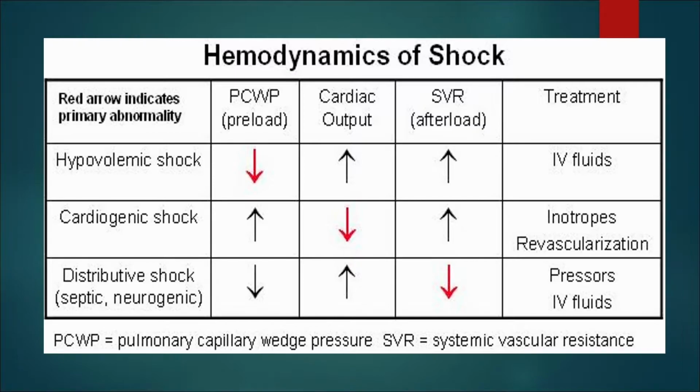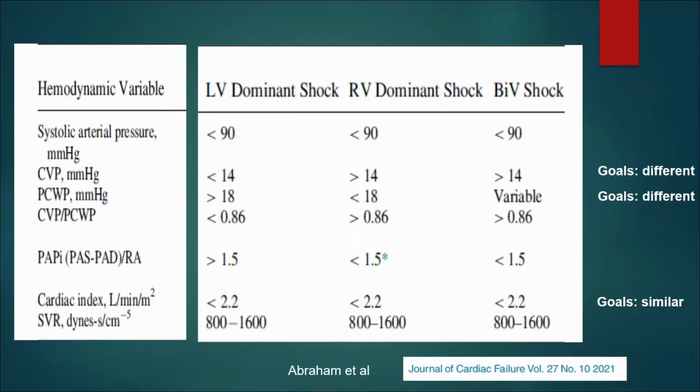So cardiogenic shocks, as you heard before, are not created equal. There can be cardiogenic shock because of pulmonary embolism and acute right ventricular failure with an underfilled left ventricle, and this underfilled left ventricle creates low cardiac output.